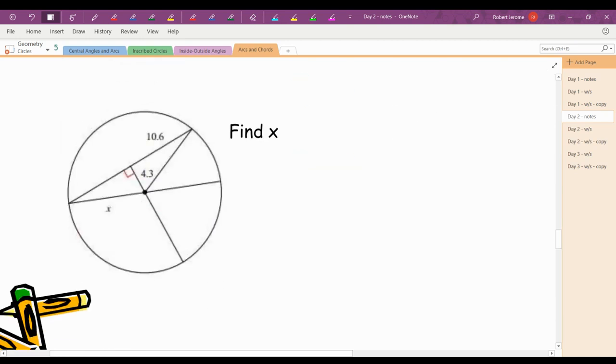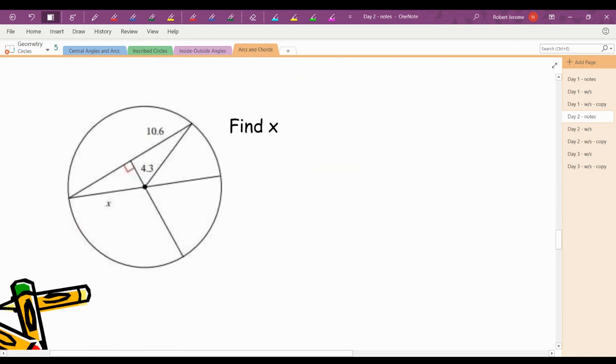Looking at this one, again, we're using elements of the previous question in our thought process. In this problem, we're looking for x. That is the radius, and it is part of this right triangle.